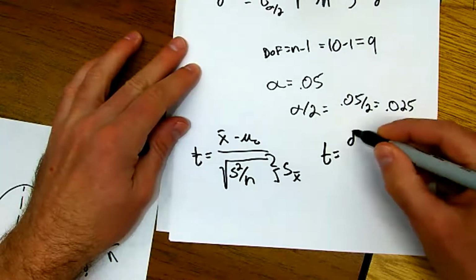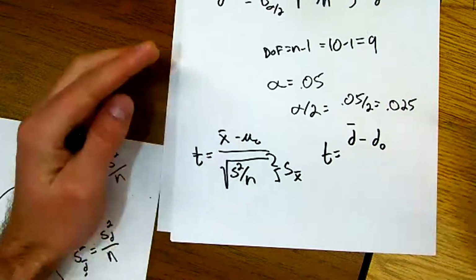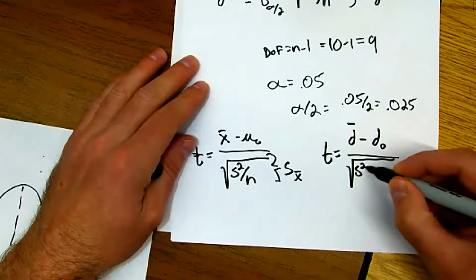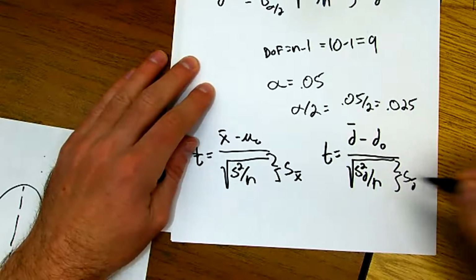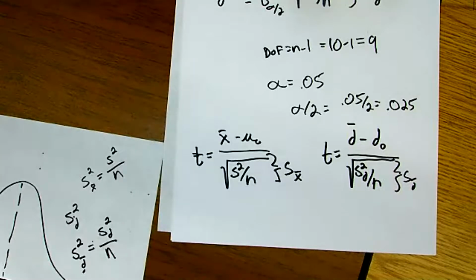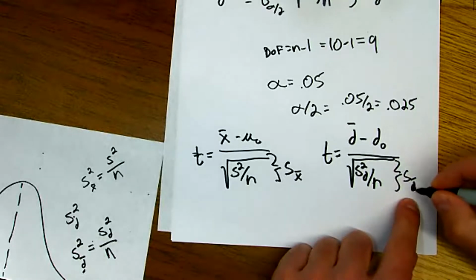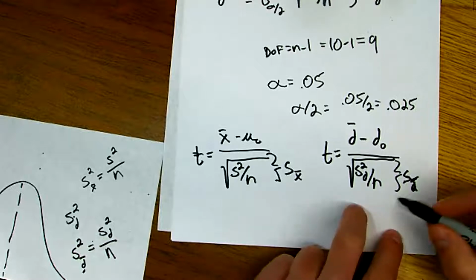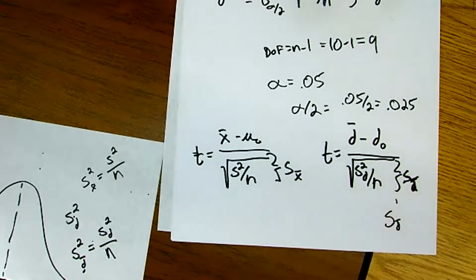Now my test statistic equation, I take my sample difference, subtract my assumed true difference, and then divide by the square root of the variance on that difference variable over my sample size, which represents the standard deviation of my sample differences. So this should be D bar, S subscript D bar. Here, I'm going to write this out because that looks terrible. There we go. Okay.